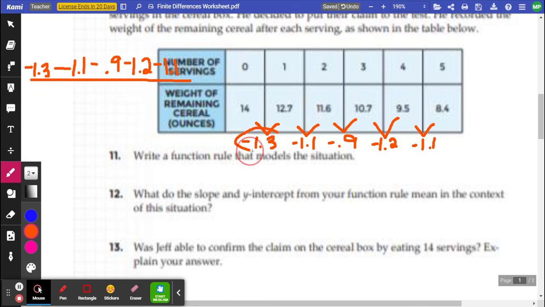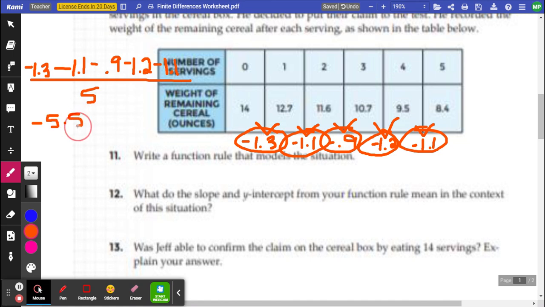And then you divide by however many times you found the difference, which would be 5. So I think this is negative 5.6 divided by 5. Negative 1 point what?